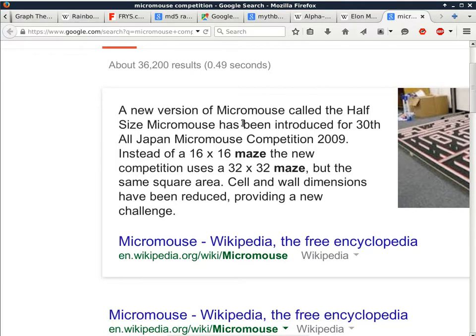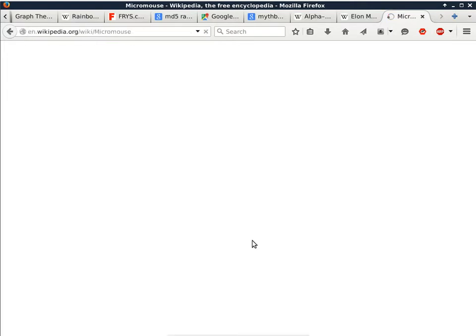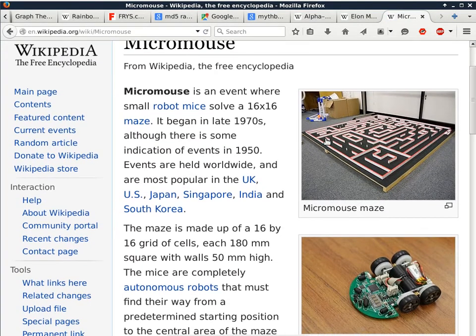A new version of micro mouse is called a half-size micro mouse competition. So if you go to the wiki page, this is typically how it looks. This may even be a UC Davis maze. It looks like one, but it may not be. But never mind. So basically, this is usually considered a senior year engineering project class.